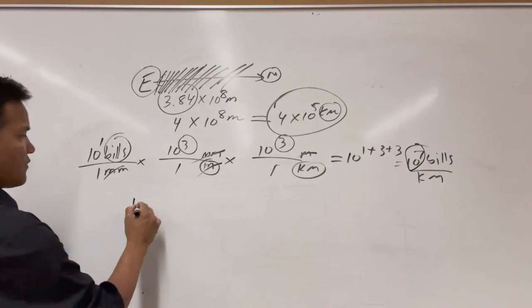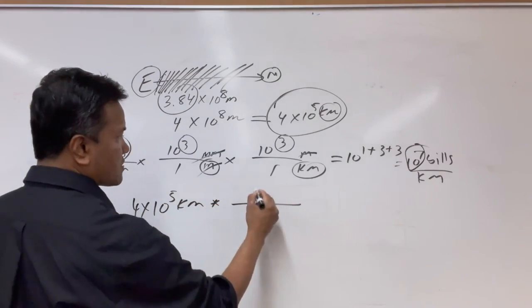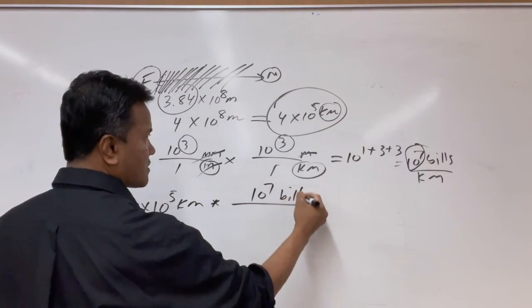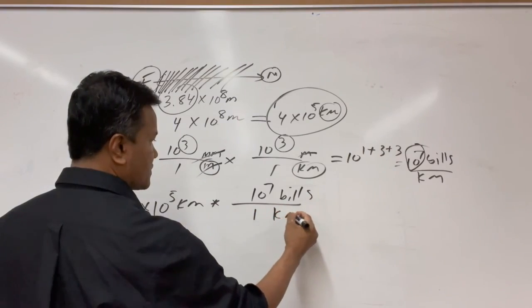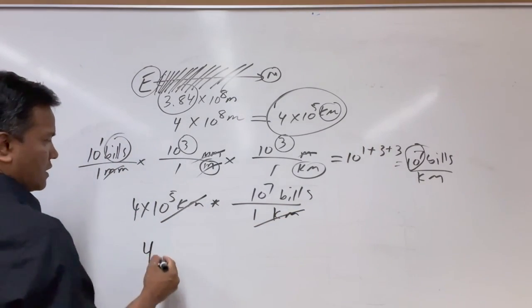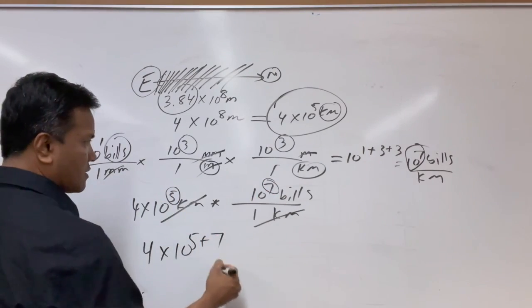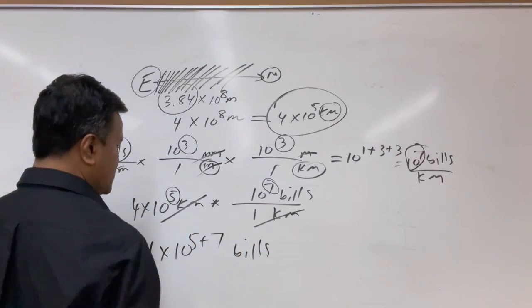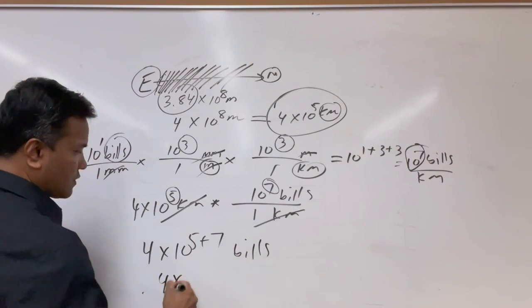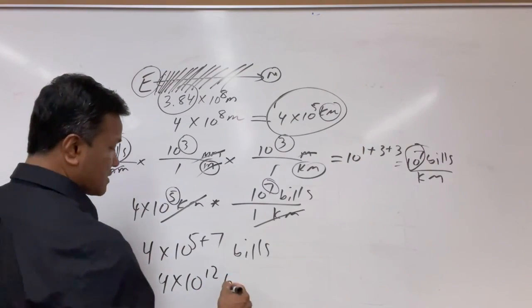No, I need 4 times 10 raised to 5 kilometers times 10 raised to 7 bills per 1 kilometer. Kilometers cancel. So 4 times 10 raised to 5 plus 7 bills. So how many bills do I need? 4 trillion, 4 times 10 raised to 12 bills.